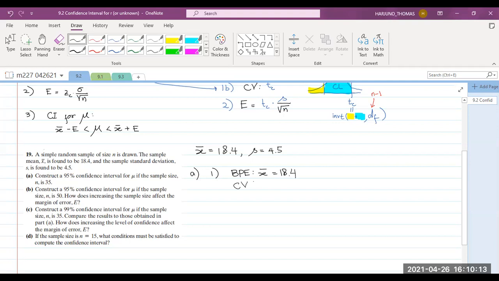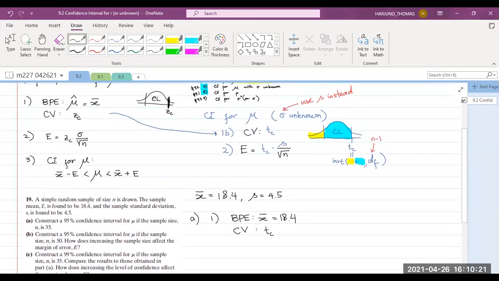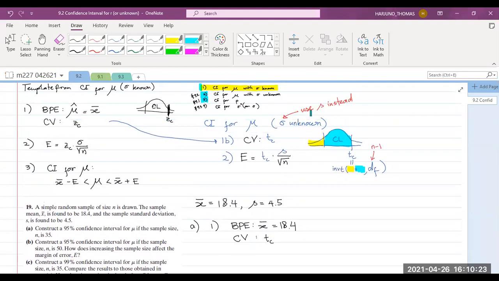How about the critical value? That will be t critical. Once you use sample standard deviation in place of population standard deviation, then you will use t distribution instead of standard normal z distribution. That's always the case in statistics.